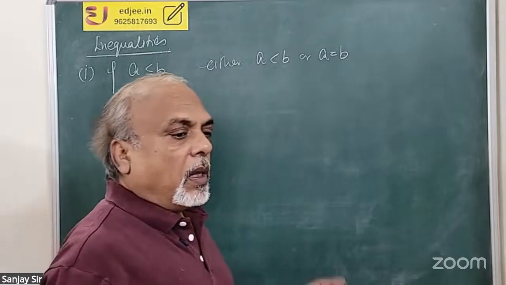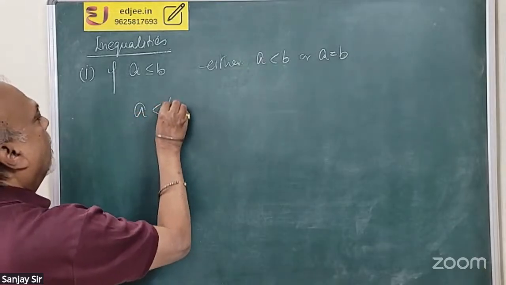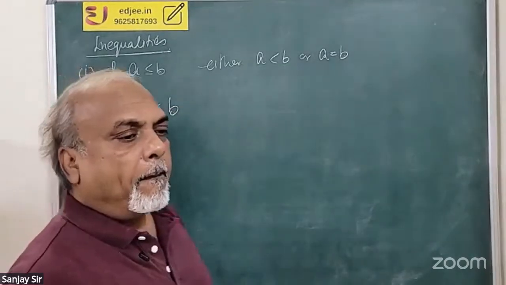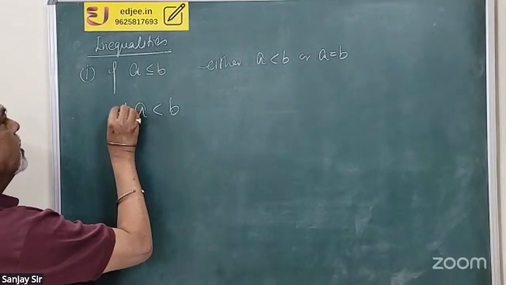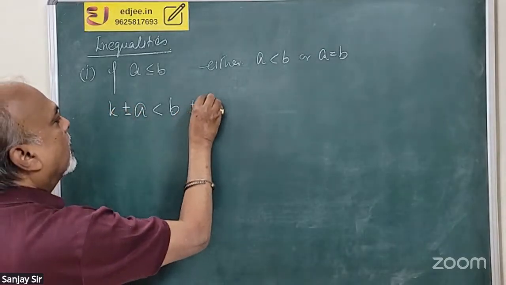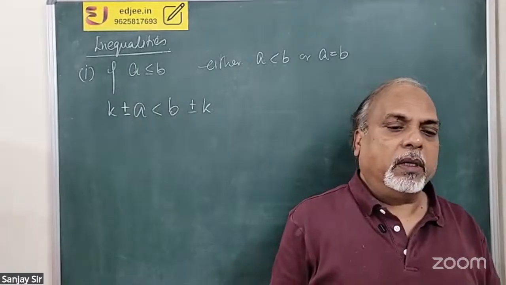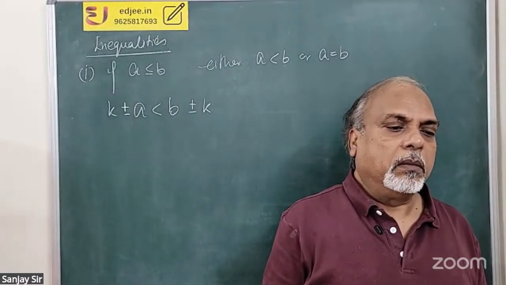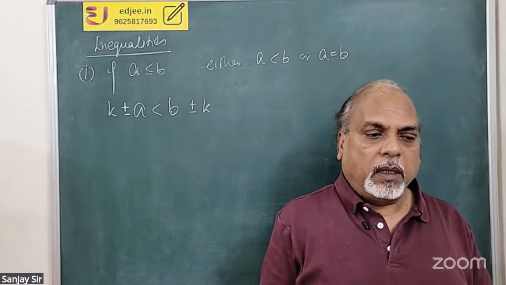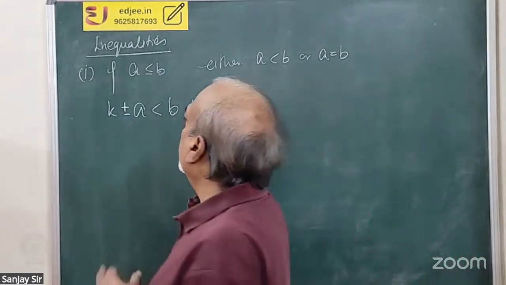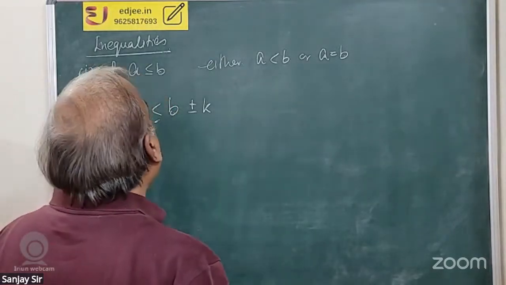Correct? If you have any equality, suppose A equals B, then if you increase or decrease both sides by the same quantity, the sign of equality will not change.